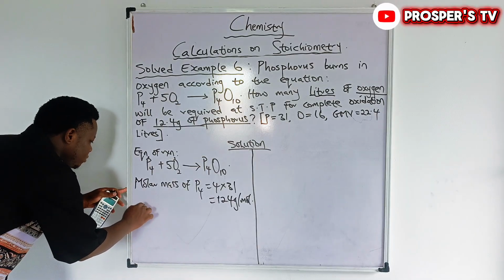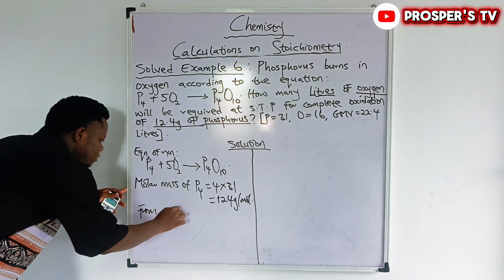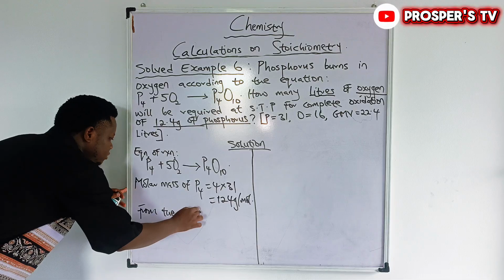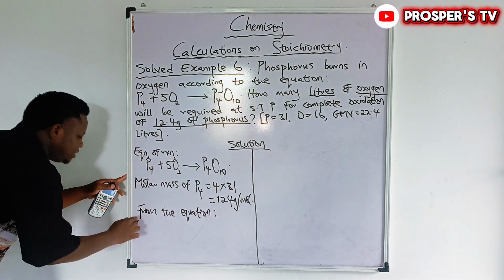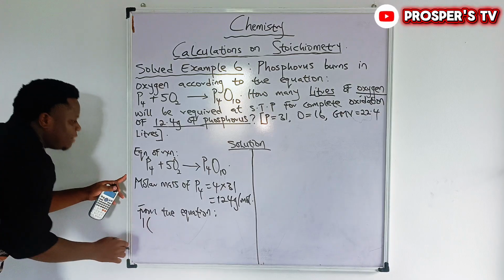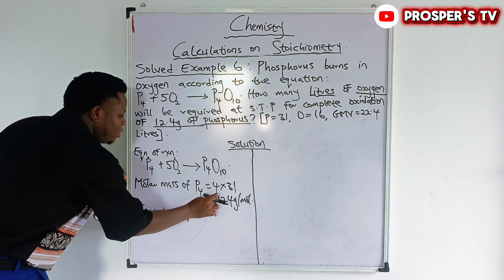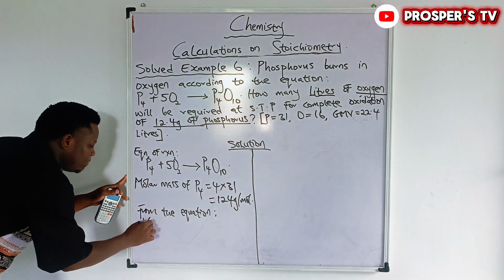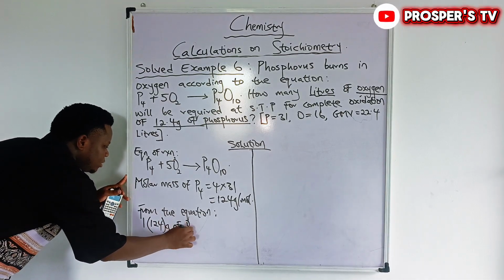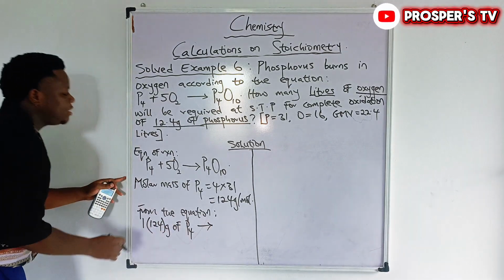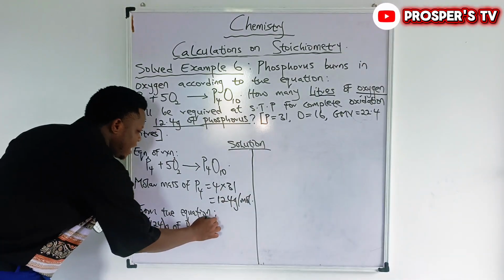So you say from the equation, we have 1, the molar coefficient here is 1, you write it 1 times the mass of phosphorus, the molar mass is what now? 124 grams of phosphorus is needed to react with 5.